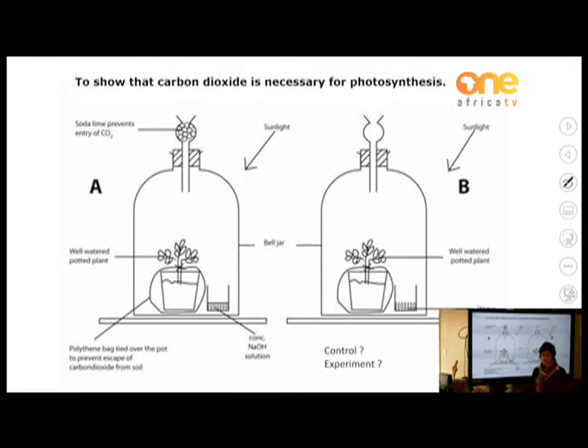Okay, so let's look at the experiment. Soda lime prevents entry of carbon dioxide.